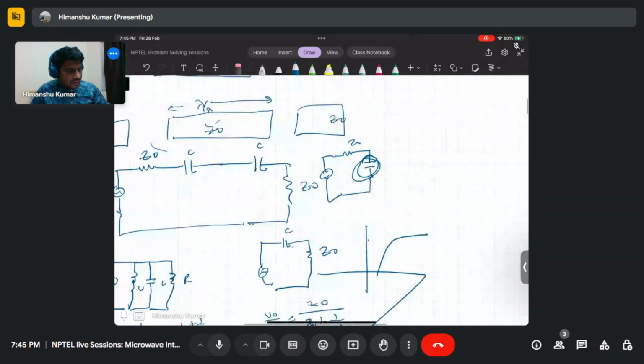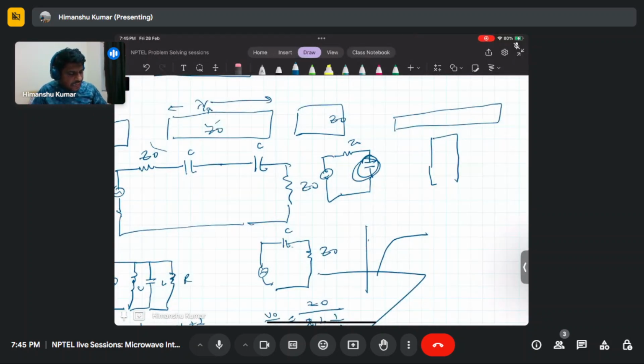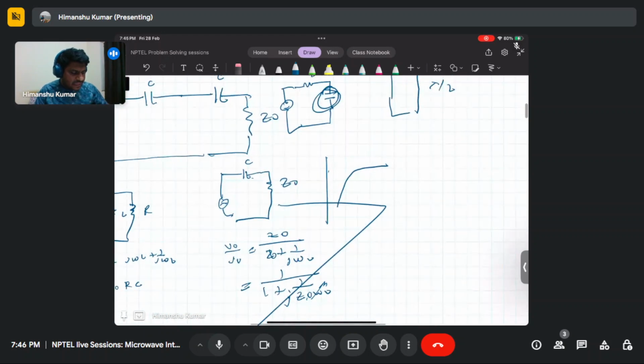For that you need to put a lambda by 2 line in shunt. This is port 1 and port 2. If you combine these two mechanisms, one will behave as a low pass and the other as a high pass, and then if you cascade these two, your filter response will become band pass.